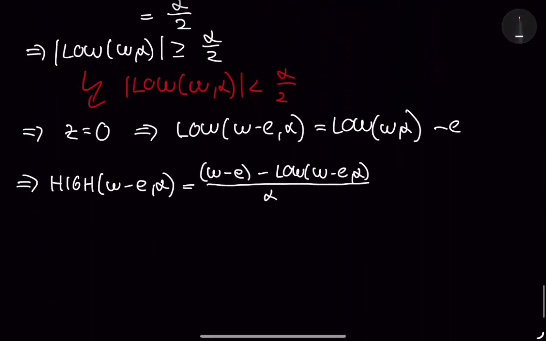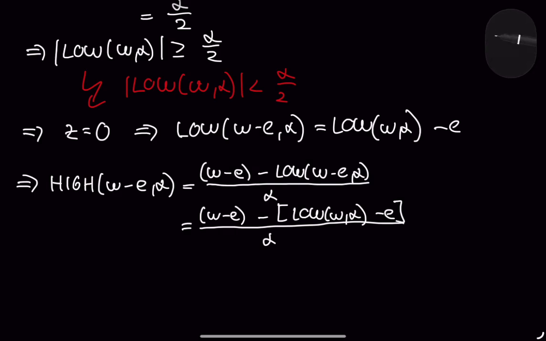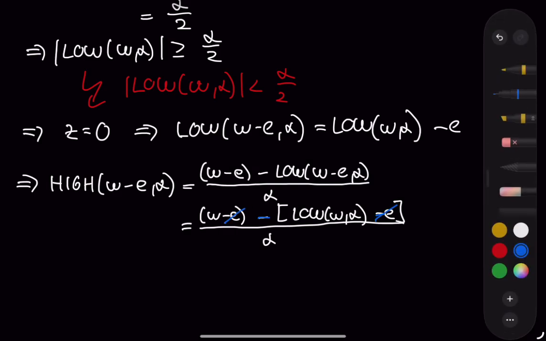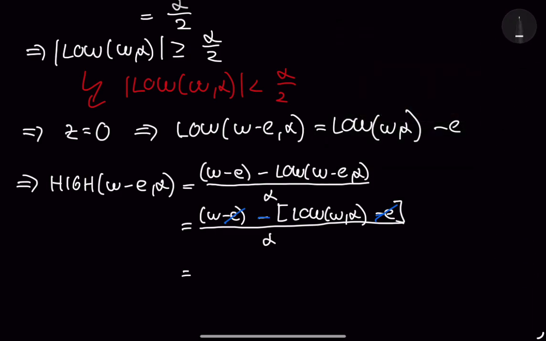And we can replace the low W minus E minus its low minus E, and we see that minus and minus gives plus, and then this cancels out with the minus E, and we have W minus low W alpha left.